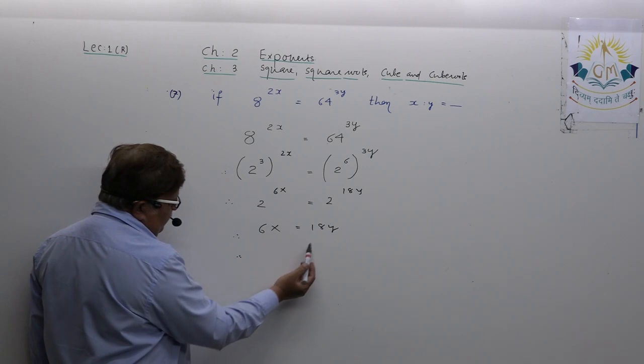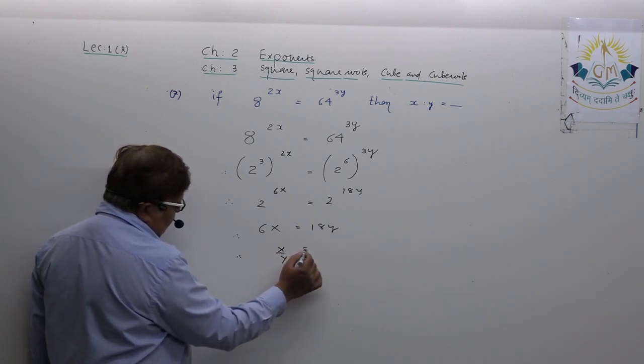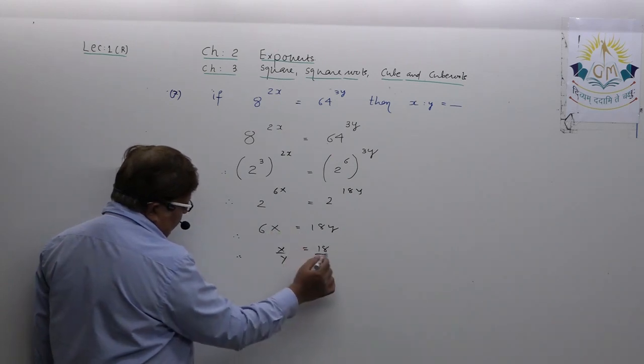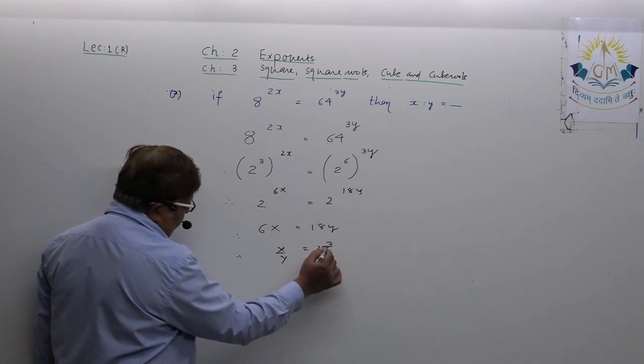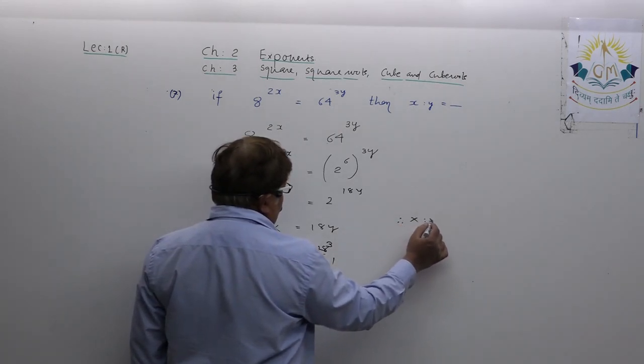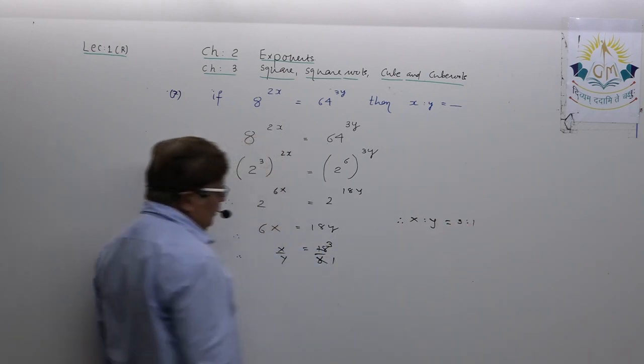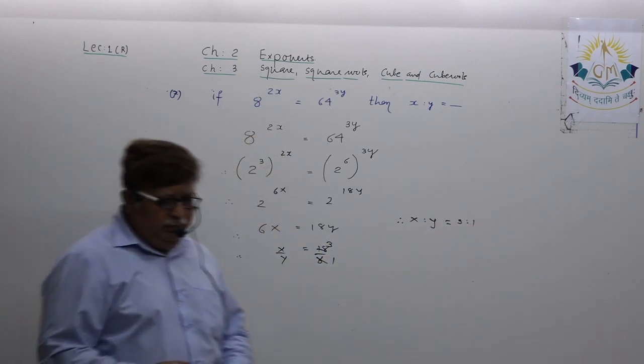Let us do the necessary transfer. x upon y equal to 18 upon 6. Cancel. So you got the final answer. What is that? x is to y equal to 3 is to 1.